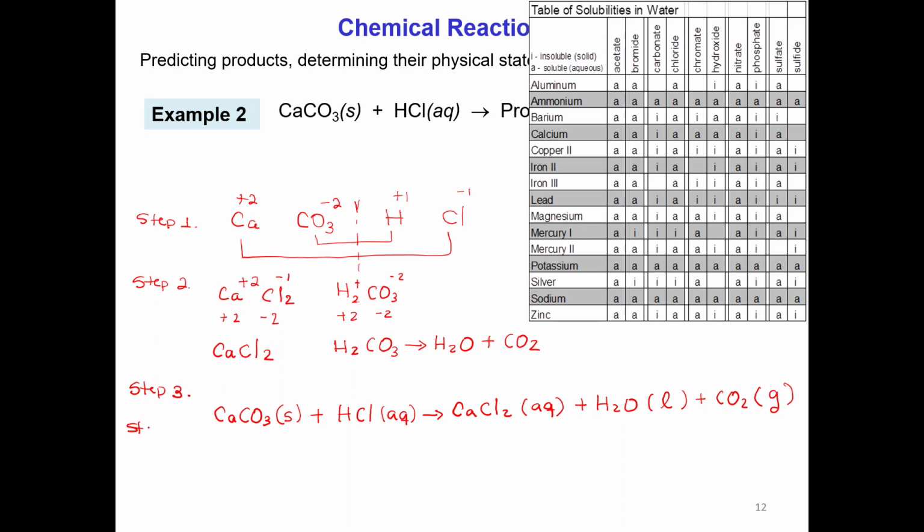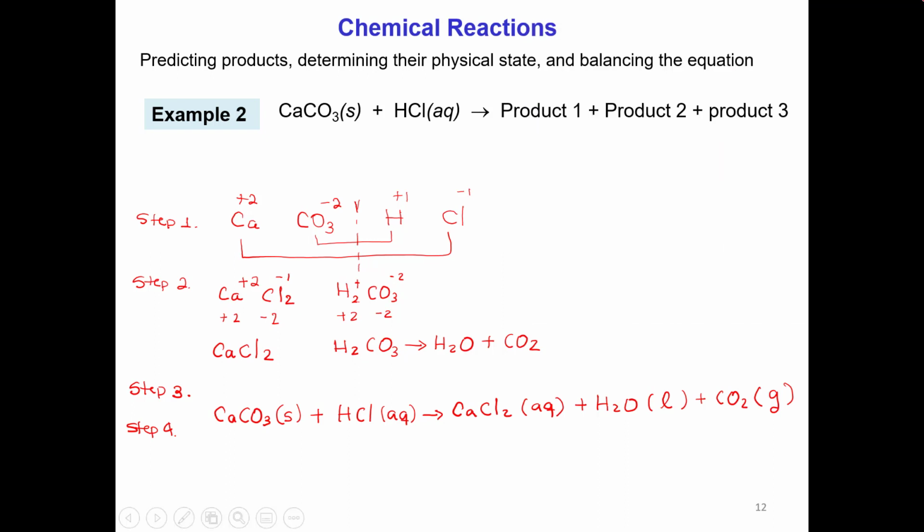We need to balance the equation. To balance the equation, we need to write the list of all the atoms present in the reaction. Then we have calcium, carbon, oxygen, hydrogen, and chlorine. This is all the atoms we have. Now we will make the list of the number of atoms in the reactants and the products.